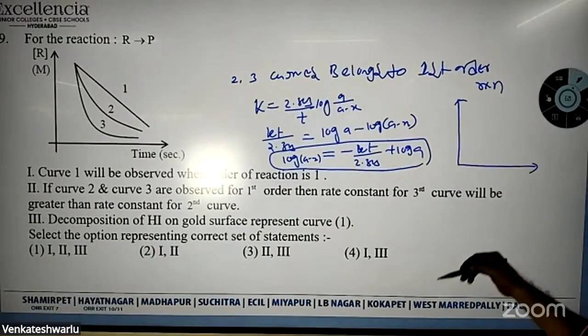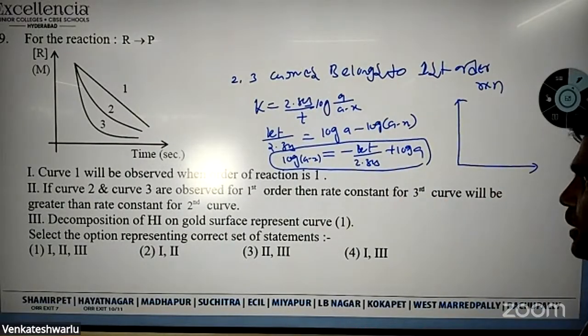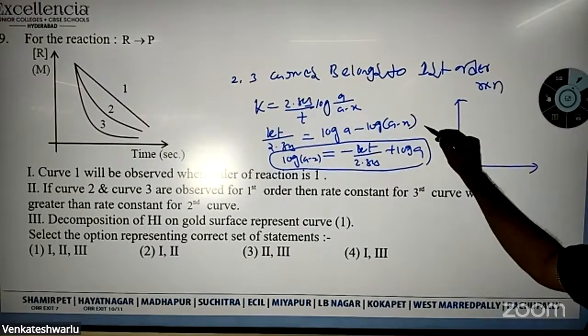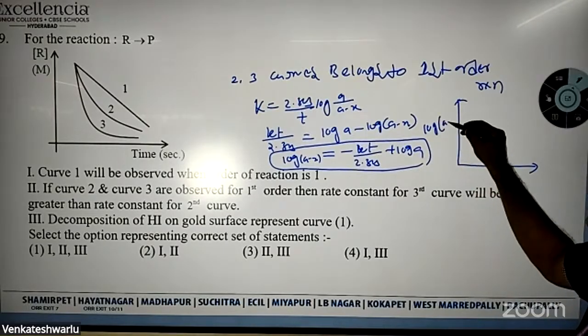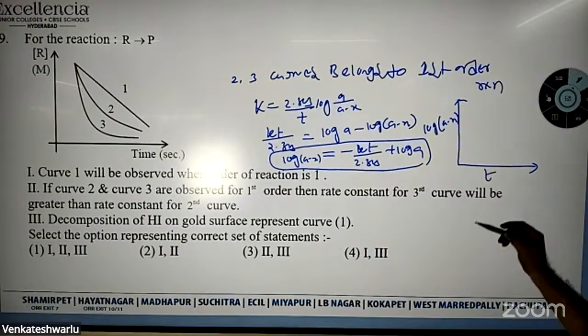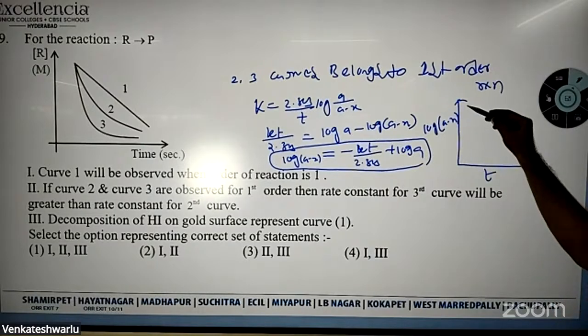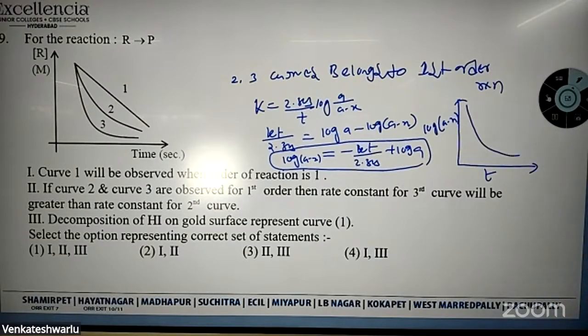So a negative slope is present here. Now in concentration versus time, as the time increases, concentration decreases exponentially. It's a curve, not like a straight line path. So this is one equation.